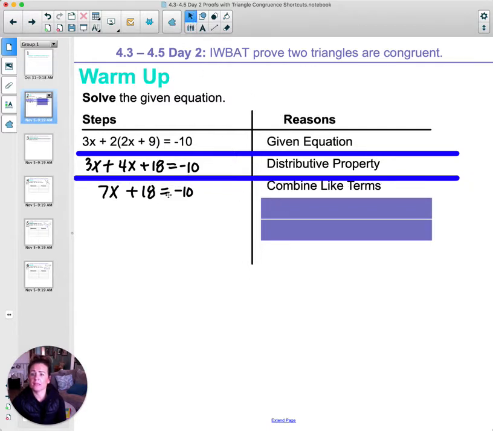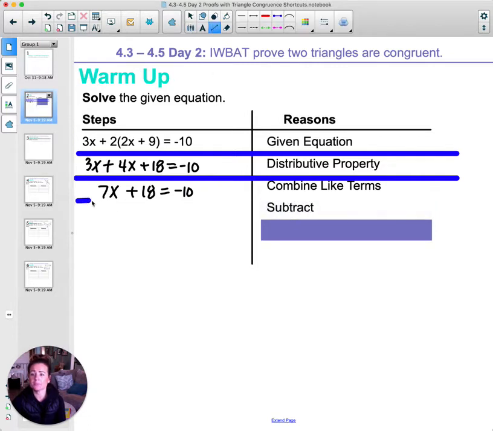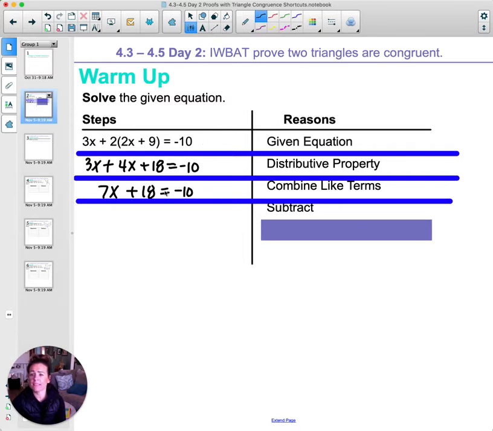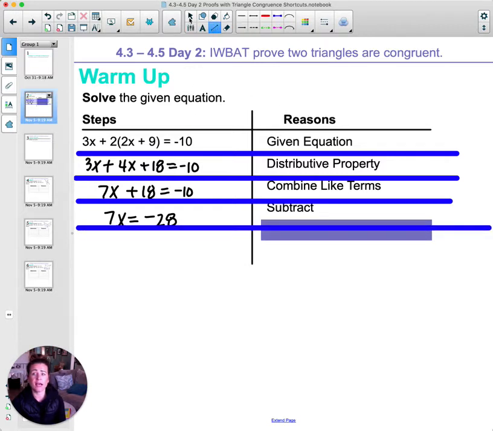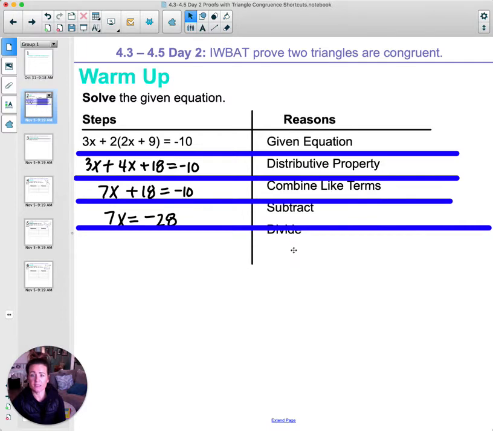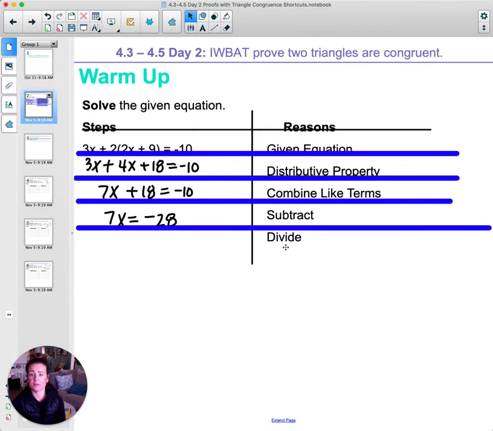And then the next one that we would do is subtract. We're going to subtract 18 from both sides. You don't write down the subtraction, you just do the subtraction yourself. So when we subtract 18 from here, we'll be at negative 28. And then the final step is to divide. Whoops, that's going to move the whole thing down.